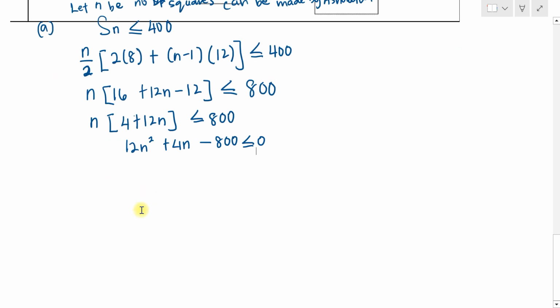So we get a quadratic inequality. Maybe you divide by 4 first. So you get 3n squared plus n minus 200. Okay, I'm going to use the calculator to calculate the roots.